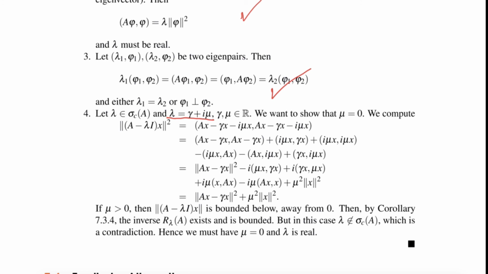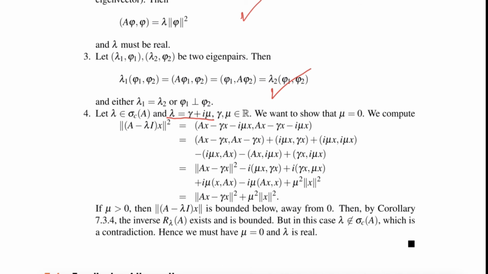So then the continuous spectrum would be in the reals. So we compute the norm squared of (A minus lambda I)x. We have an inner product, so we can write it explicitly as Ax minus gamma x minus i mu x for the first term, and Ax minus gamma x minus i mu x for the second term.